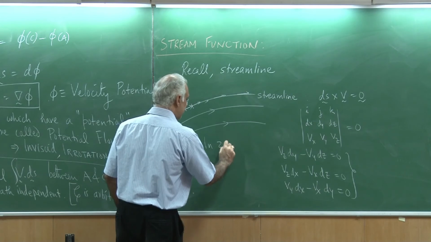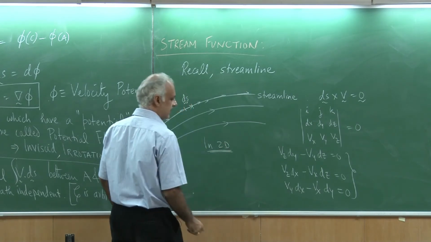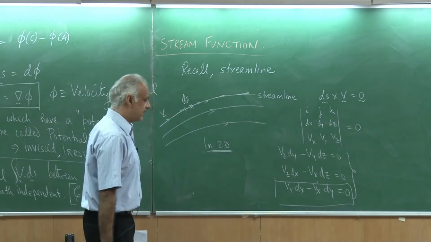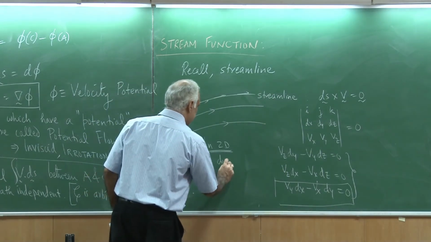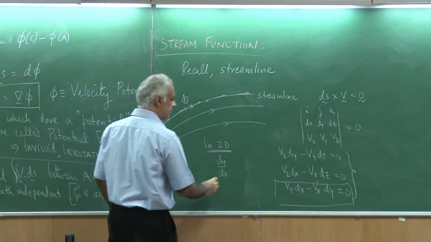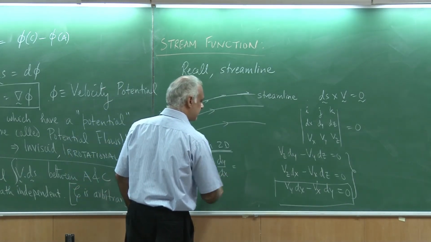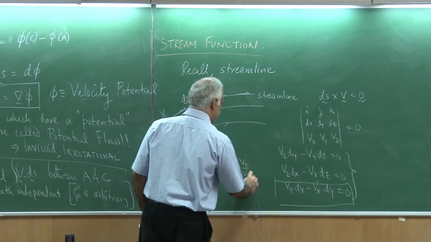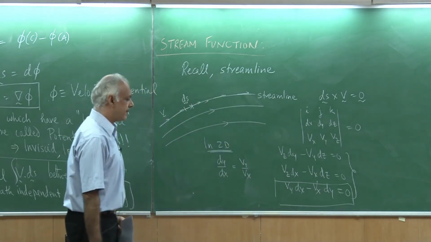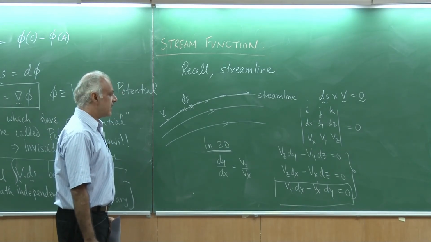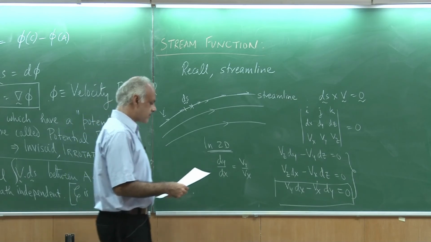If I restrict myself to 2 dimensions, then this is the relevant equation, and it tells us that dy by dx, that means the slope of a streamline, is essentially given as vy by vx. Okay. So this can be used to find an equation of a streamline.